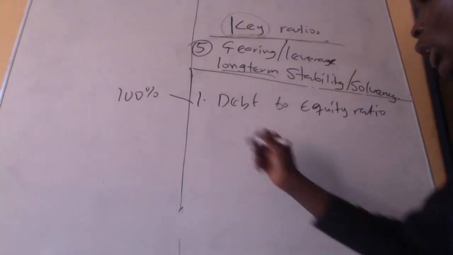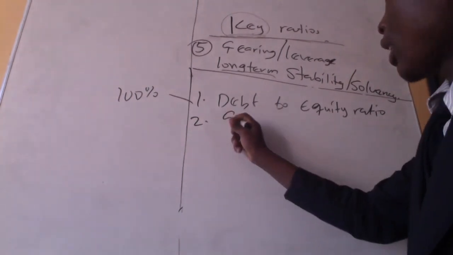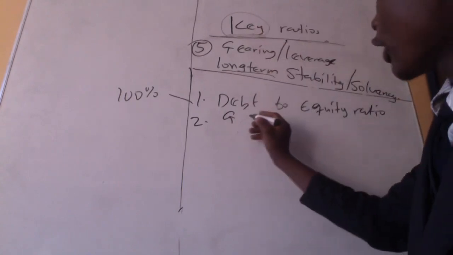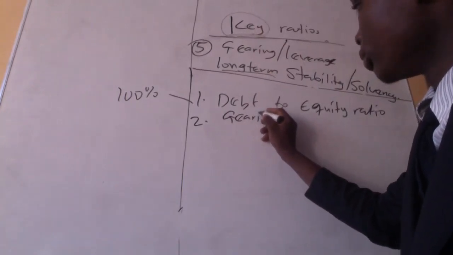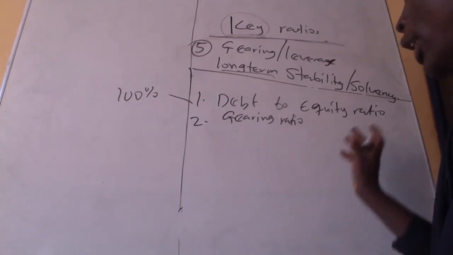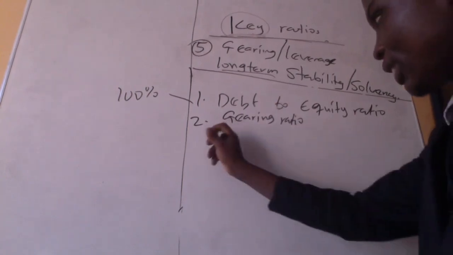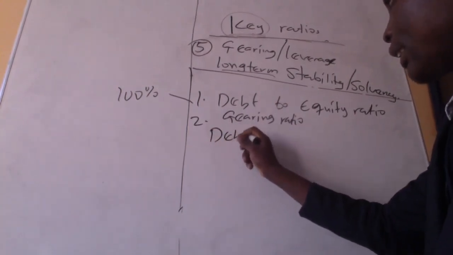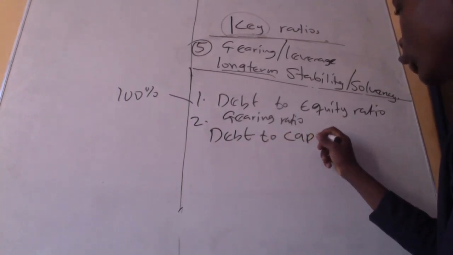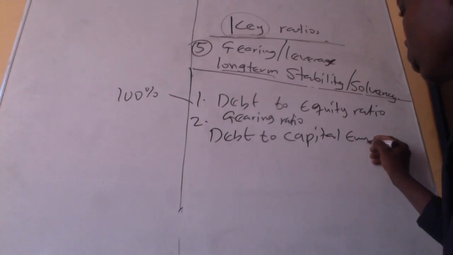So take note. Now the next one I'll talk about we call the gearing ratio, but I call it small gearing, big gearing. But if you think it will confuse you, don't worry, just call it the debt to capital employed ratio.